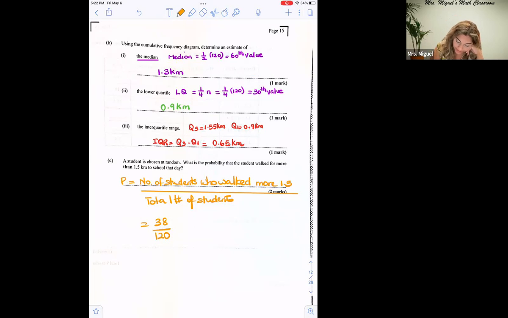So 2 could go into 38 19 times, and 2 could go into 120 60 times. Did you all get that answer? Did you all get 19 over 60? Did anybody get this answer?